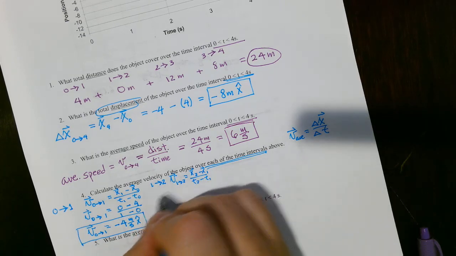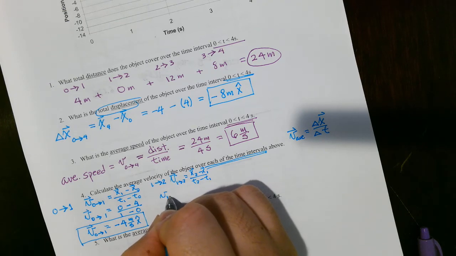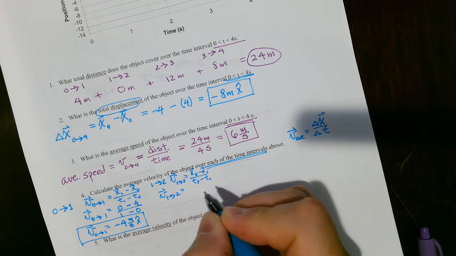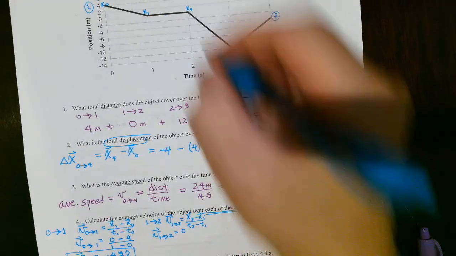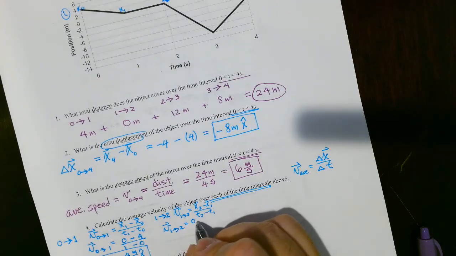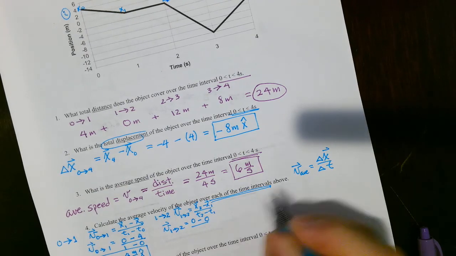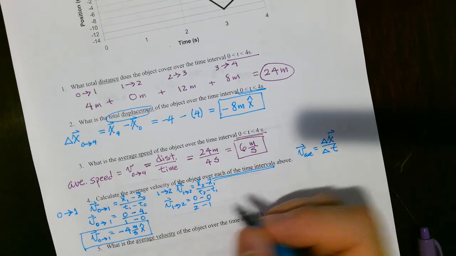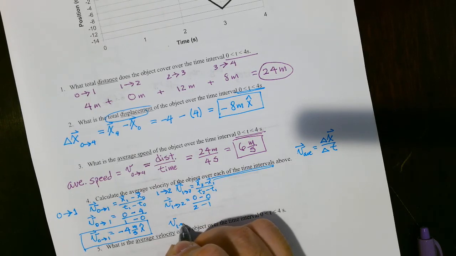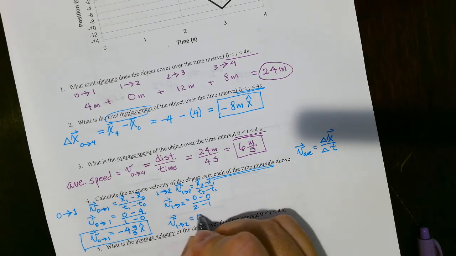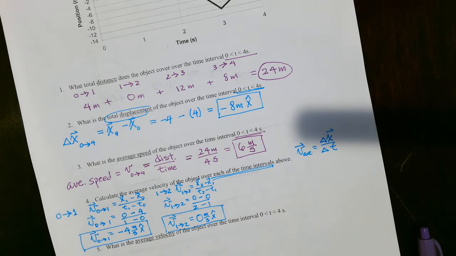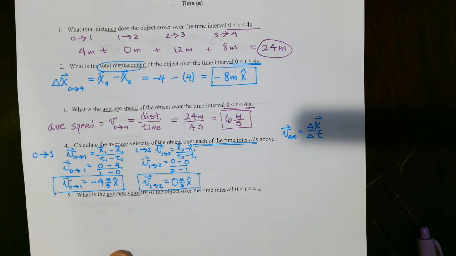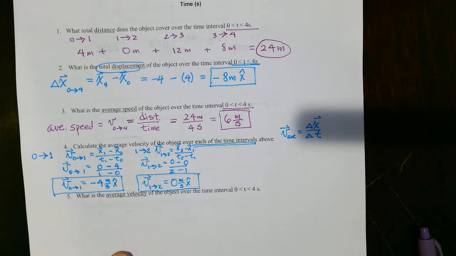So my v from 1 to 2 seconds is equal to 0, this is x2 here, 0 minus 0 over 2 minus 1. So the velocity from 1 to 2 seconds is just 0 meters per second x hat. It didn't go anywhere, so that makes sense. It didn't change the position at all.